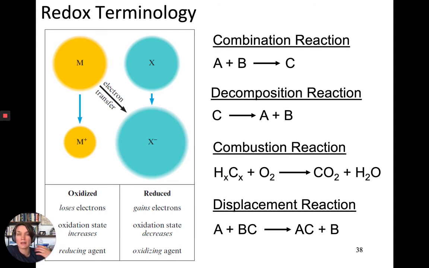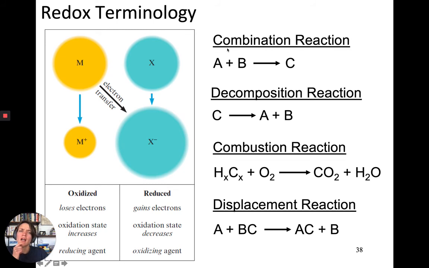So if you think about that first rule, if it's by itself, it has an oxidation state of 0. If it was combined with anything else, it's not going to have an oxidation state of 0. So that's a really good way to suss out if an oxidation reduction reaction has occurred, because if one species was with something as a reactant, it's by itself as a product, it's a red flag that it's a redox reaction.